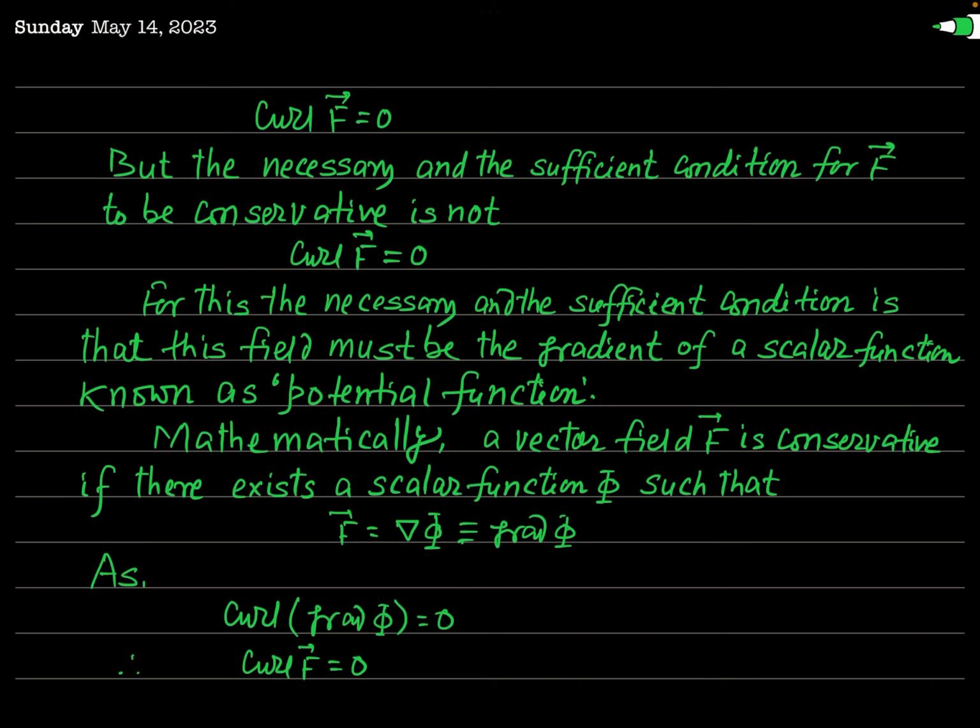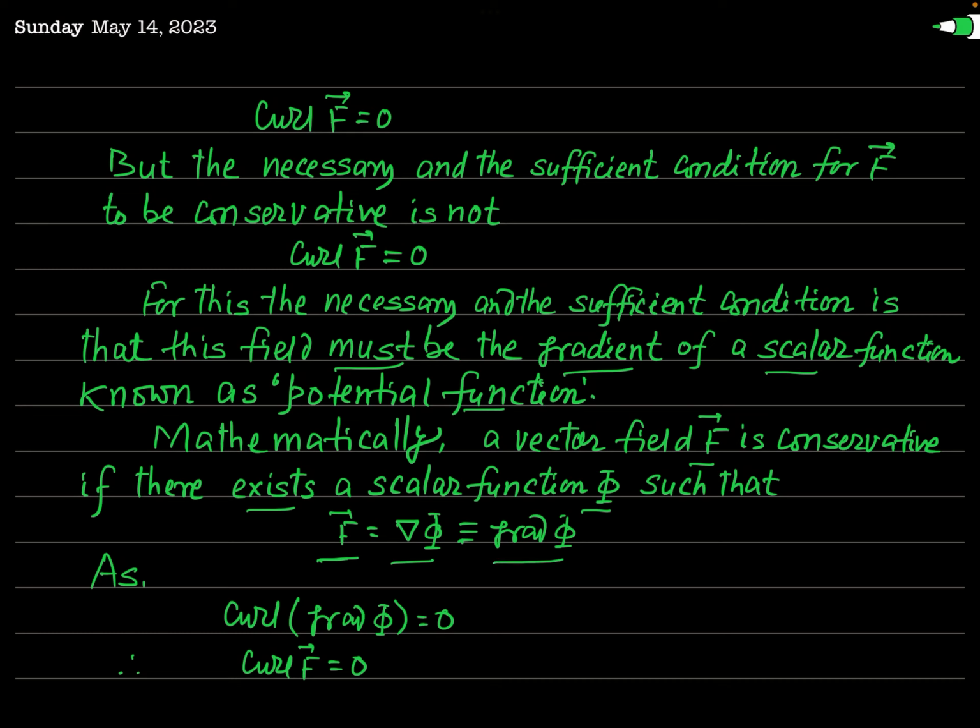Actually, for this, the necessary and sufficient condition is that this field must be a gradient of a scalar function known as the potential function. In a mathematical way, you can say that a vector field f is a conservative vector field only if there exists a scalar function phi, which is commonly called potential function, such that this vector field f is equal to del phi or gradient of phi.